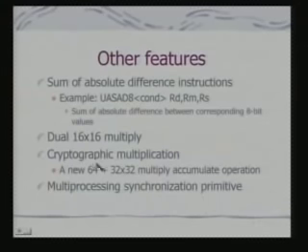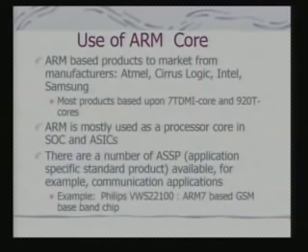It also has support for cryptographic multiplication, large multiplication, because many of the coding schemes require large multiplications. It also has a more sophisticated interface for multiprocessing. So what we have got is a variety of features in the ARM core which enables its use for a number of applications. In fact, the ARM processor architecture has been licensed to a number of users, such as Atmel, Cirrus Logic, Intel, Samsung.